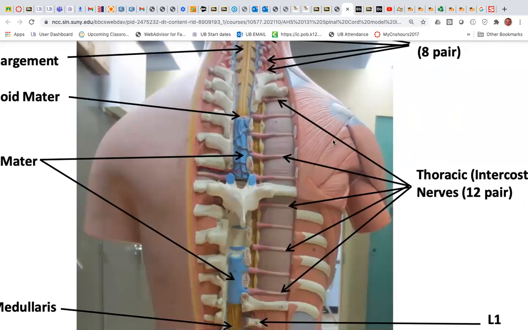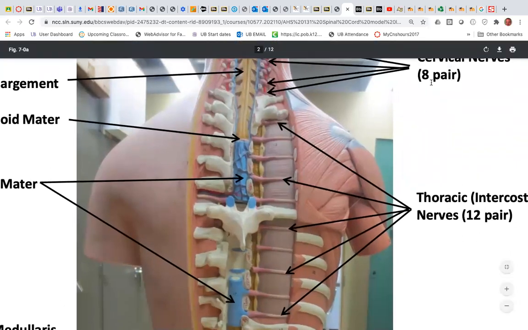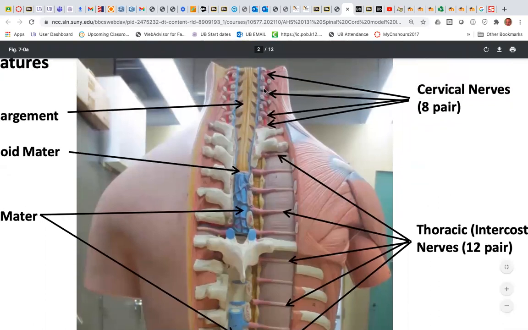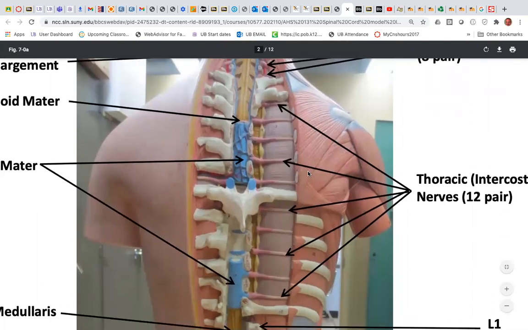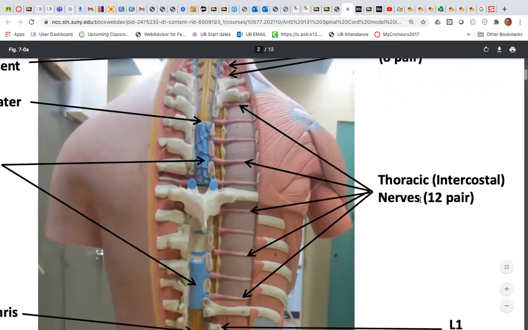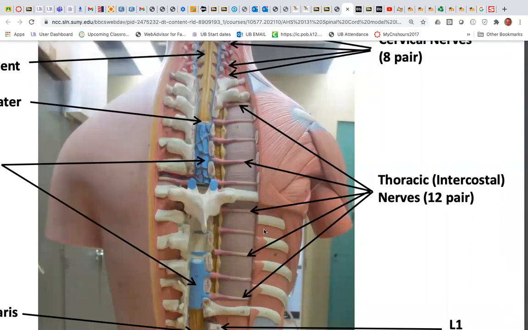In the thoracic region, there is no plexus, right? In the neck, there was a cervical plexus and brachial plexus. In the thoracic region, there is no plexus, but there are 12 pairs of thoracic nerves, and these are specifically referred to as intercostal nerves. Intercostal because they go to the intercostal muscles between the ribs.